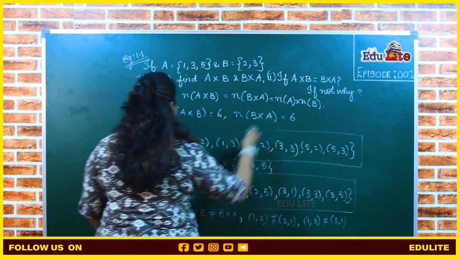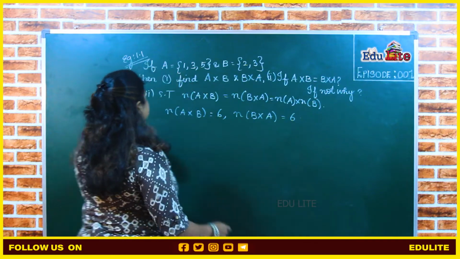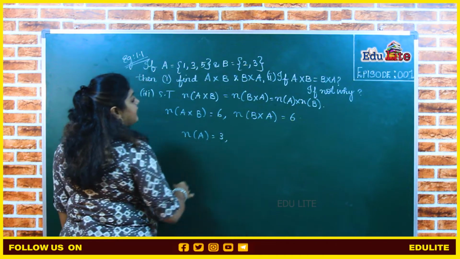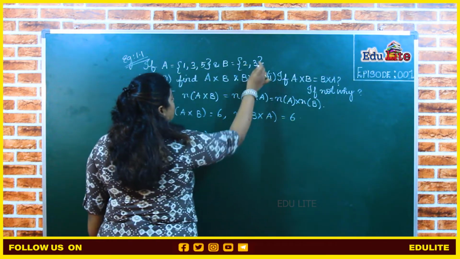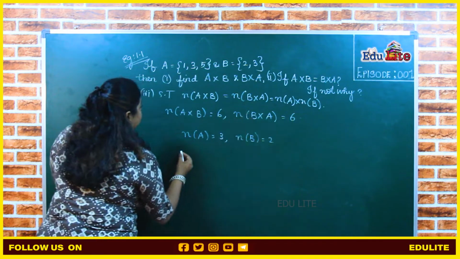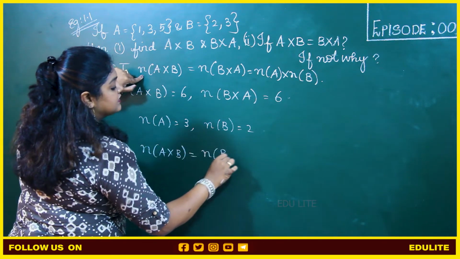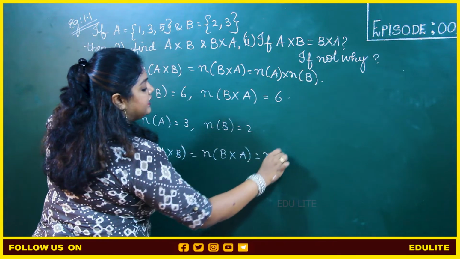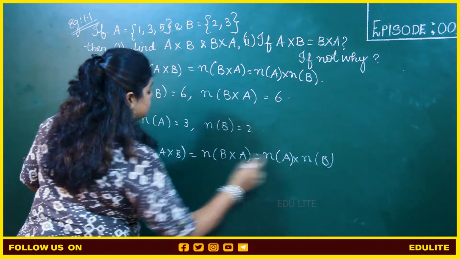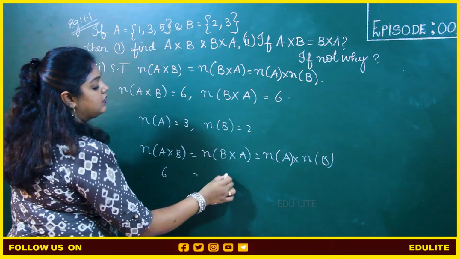Now we have to find n of A times n of B. n of A means the number of elements in A, which is 3, and the number of elements in B is 2. So n of B equals 2. Now we will check whether n of A cross B equals n of B cross A equals n of A times n of B. The value of the first we found is 6, and the value of n of B cross A we found is 6.